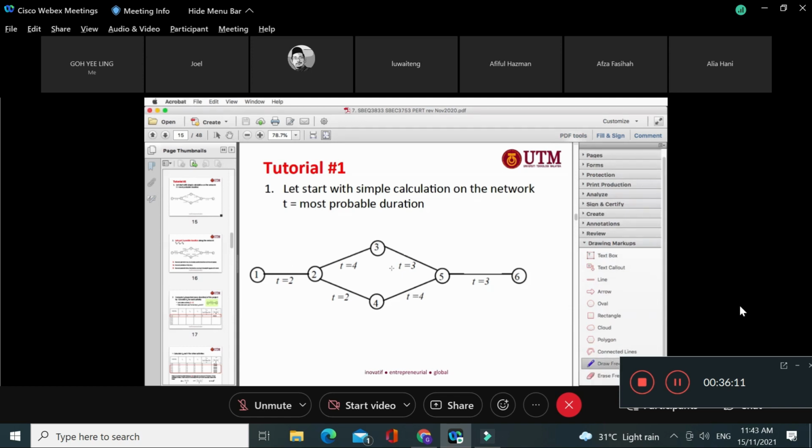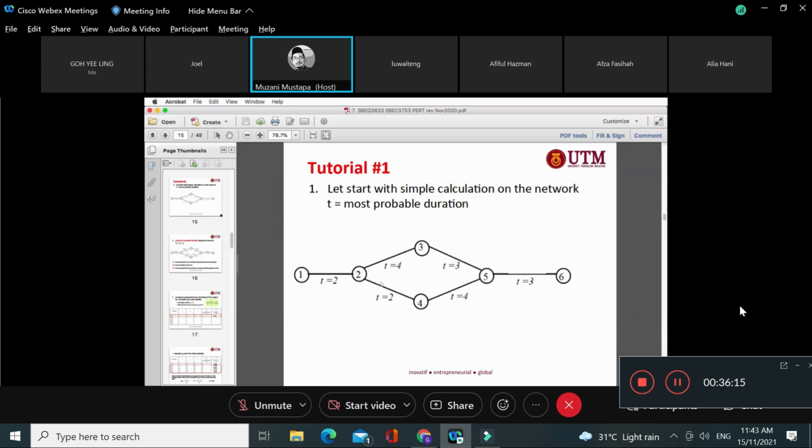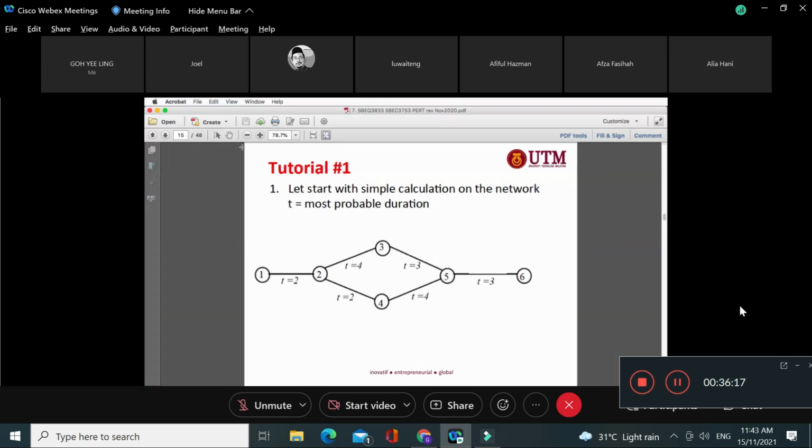Okay, try to do some drawing. Can you see? Can you hear me? So you can see this is only one single estimation, which is what we call the most probable duration.